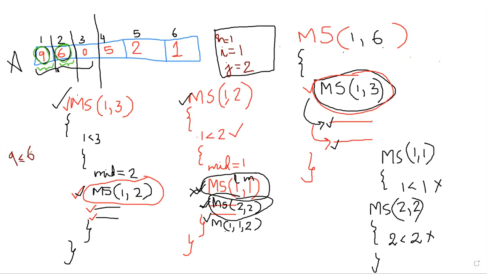So what happens? You have to go into the else part. If the condition is true, then you go inside the if statement. Otherwise, you go to the else part. And what is given in the else part? B of i equal to A of j. Here, this B is an auxiliary global array. This B array is a temporary array used for the sorting purpose.